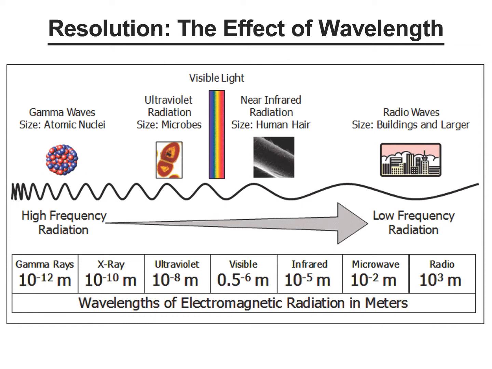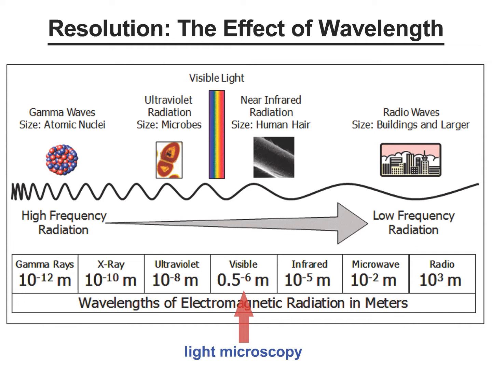Visible light is just one form of electromagnetic radiation, and all electromagnetic radiation travels as waves. We characterize this energy based on the wavelengths of these waves. For instance, our eyes are only capable of perceiving the narrow range of wavelengths that we call visible light.